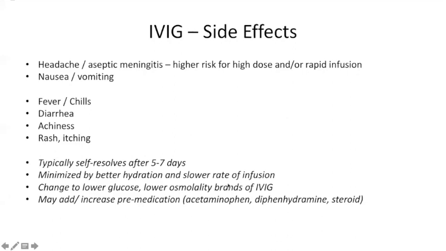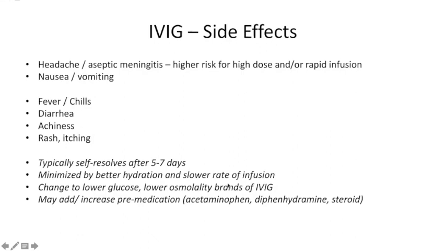There are different formulations of IVIG, and using formats that have less glucose or sugar in them, so they're kind of less thick or have a lower osmolality, those tend to have less of these side effects. So oftentimes your pediatric rheumatologist has already identified the types or brands of IVIG that have less of these side effects, but sometimes trying a different brand will work better for your child.